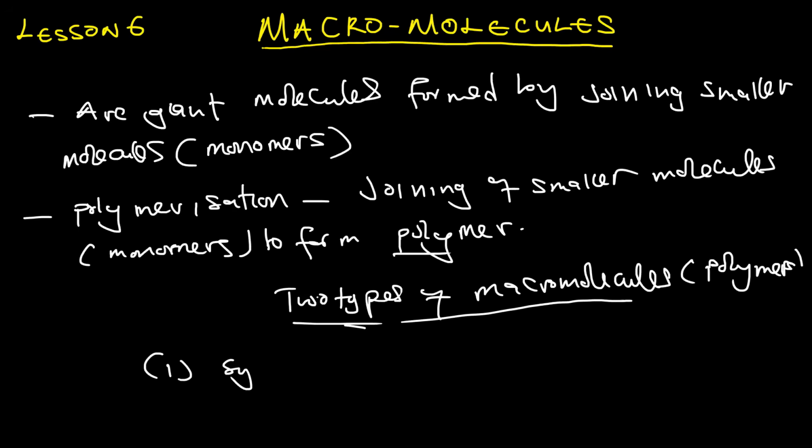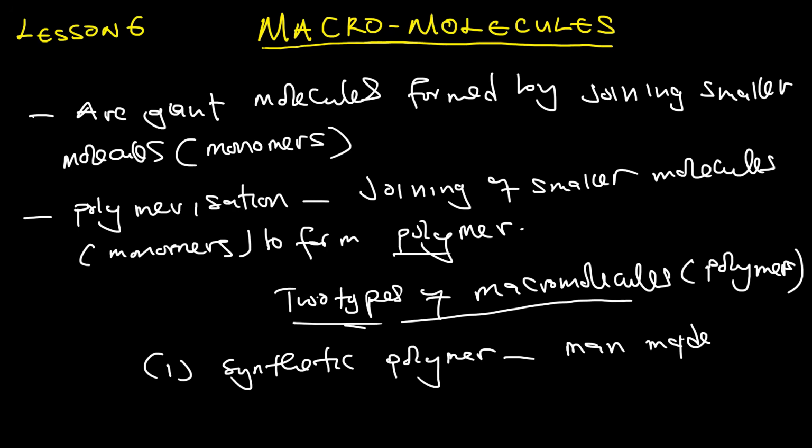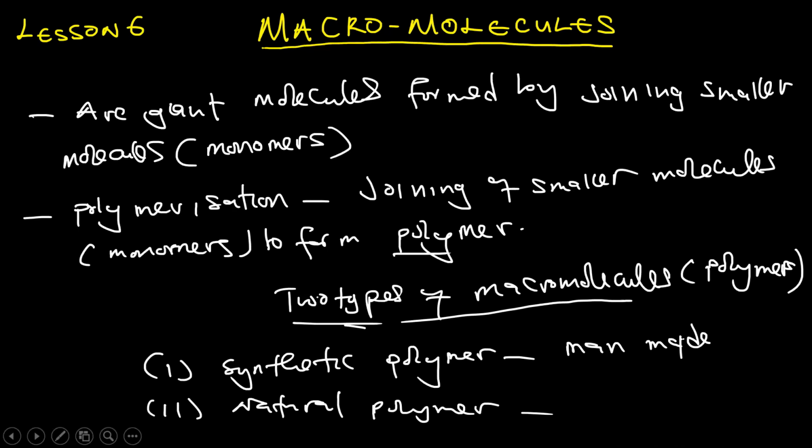We have synthetic polymers. Now, synthetic, without wasting time here, just means man-made polymers. Then the other one we can look at is natural polymers, existing naturally.